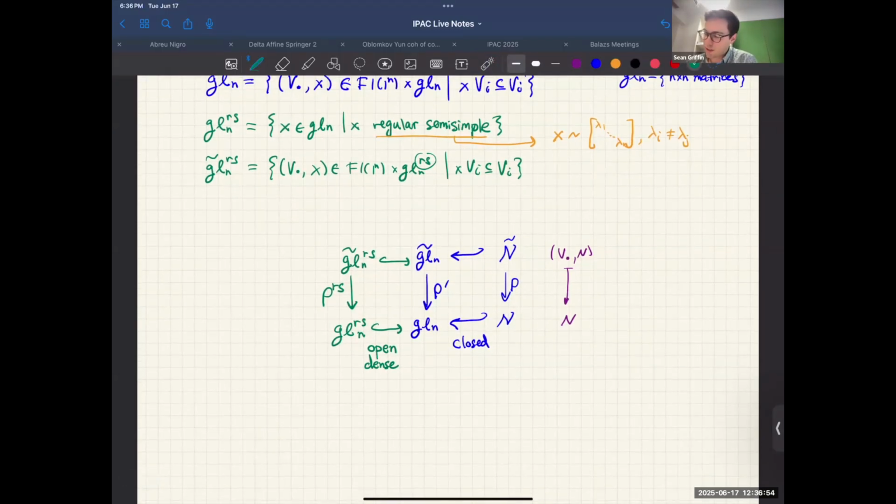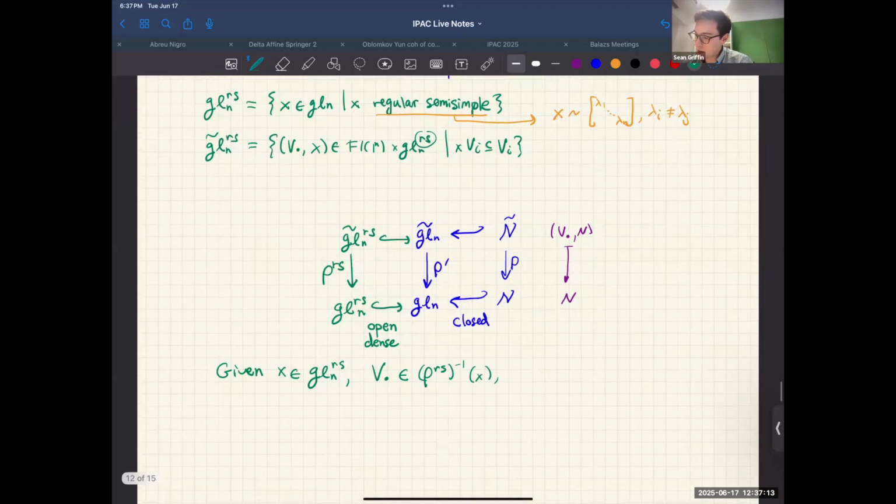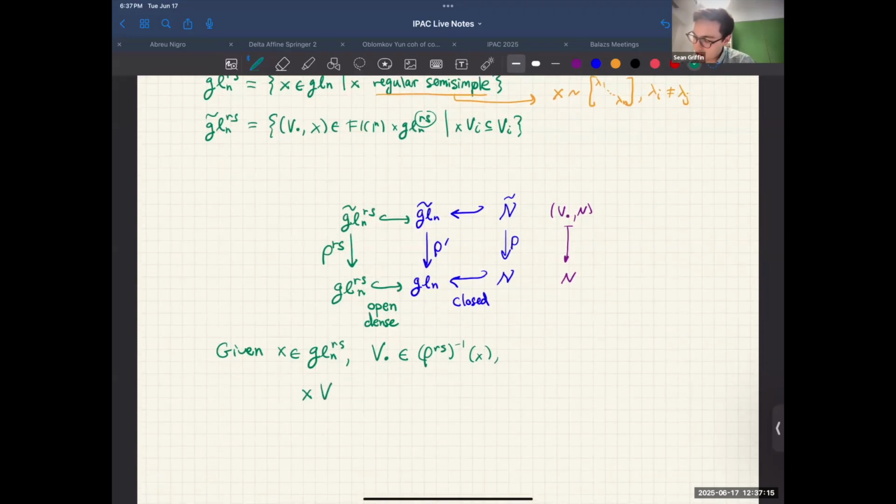And so what's special about the regular semi-simple part? So given some regular semi-simple X, and given some flag in the fiber, that means that X V_i is inside of V_i for all i.